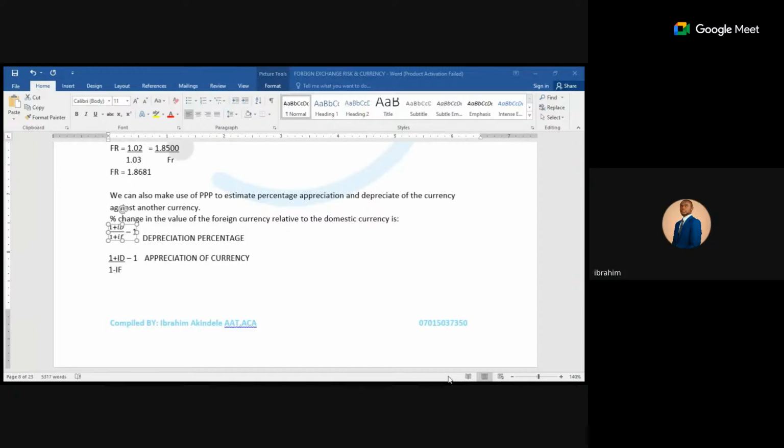We'll get to a point where we have to determine the depreciation percentage: 1 plus ID divided by 1 plus IF minus 1.